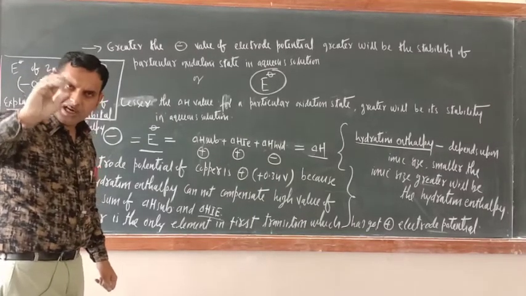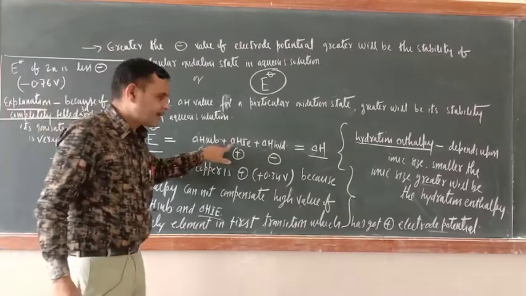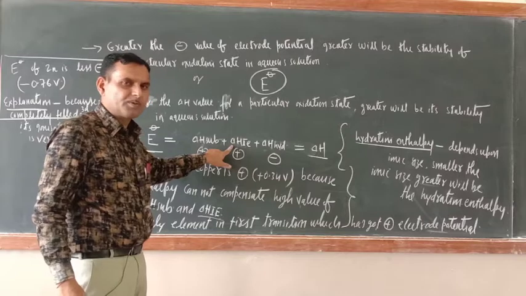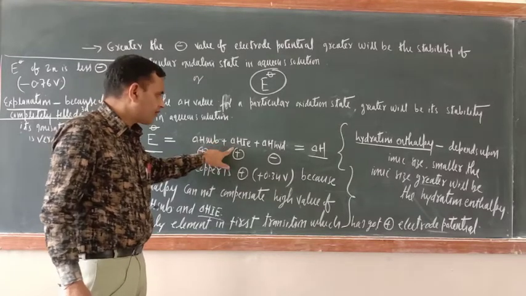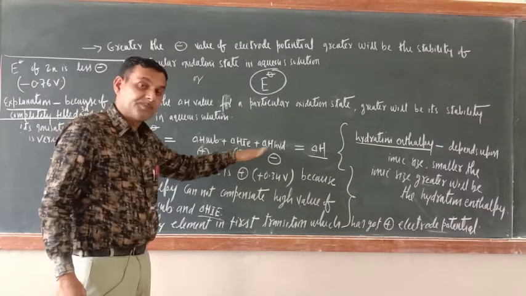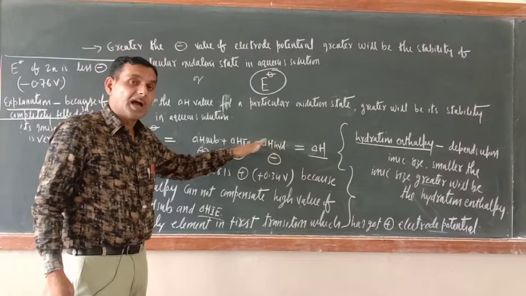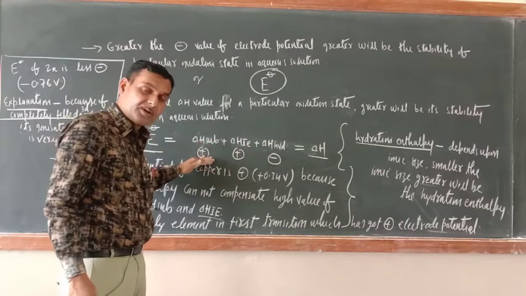So if the electronic configuration is highly stable, then you have to give more ionization enthalpy to remove the electron. If the ionization enthalpy is more, then the positive will exceed the hydration enthalpy value, and the overall electrode potential will come either less negative or positive.